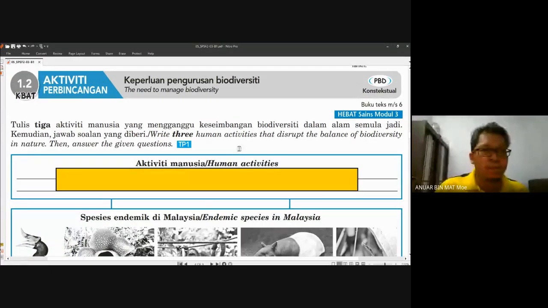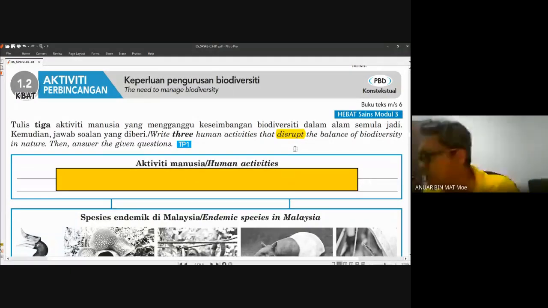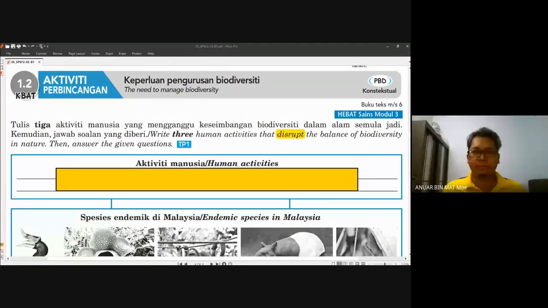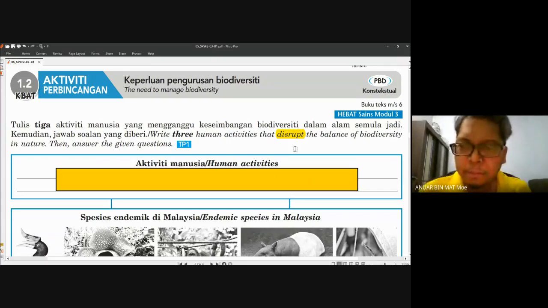Before that, what is the meaning of disrupt? Disrupt in Bahasa Malaysia is mengganggu. Not destroy. Destroy means memusnahkan. Disrupt is just disturb. The synonym of disrupt is disturb.